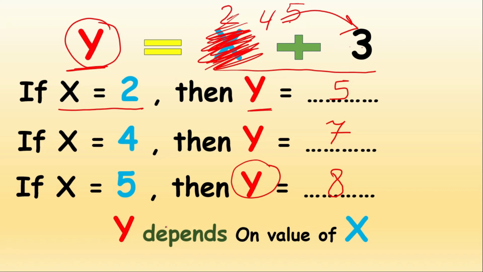So y is called dependent because it depends on the value of x. يعني لازم الأول y تعرف value of x بكام علشان تقدر تعرف الفاليو بتاعتها بكام. So y is called dependent but x is called independent because it already has its value. هي already عارفة الفاليو بتاعتها بكام، مش مستنية تعرف value of y. علشان كده y is called dependent but x is called independent.